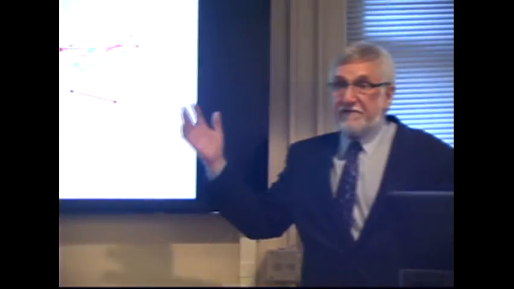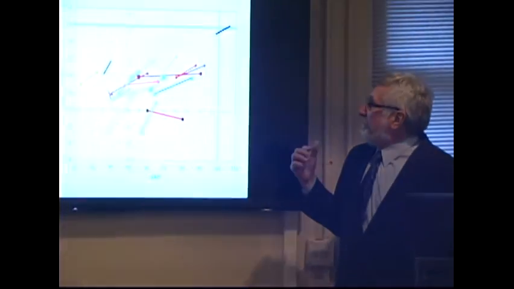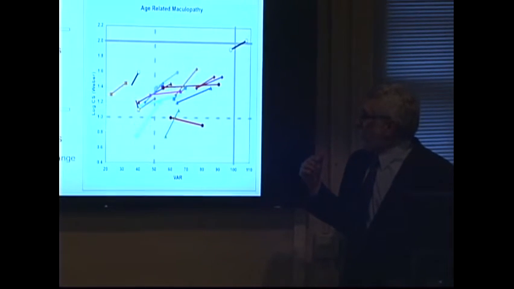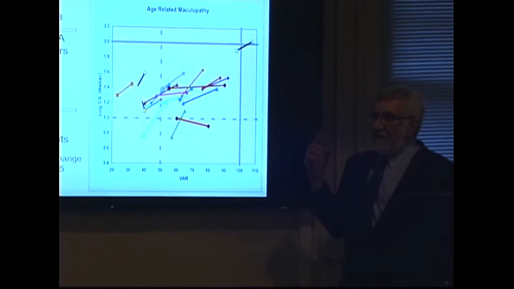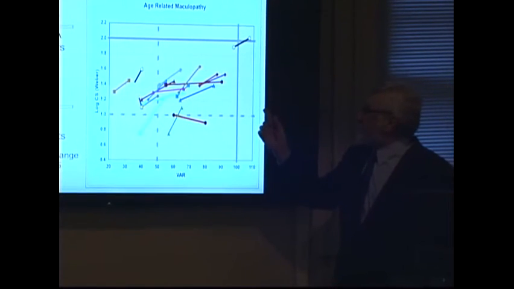Now I'm going to show you some data from a couple of pathology groups. This group is macular degenerates, we call them, patients with macular degeneration, and this is a fairly noisy plot.